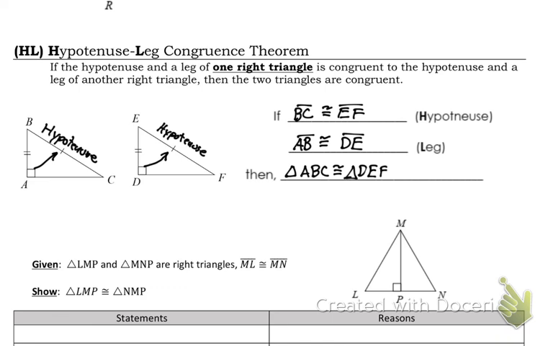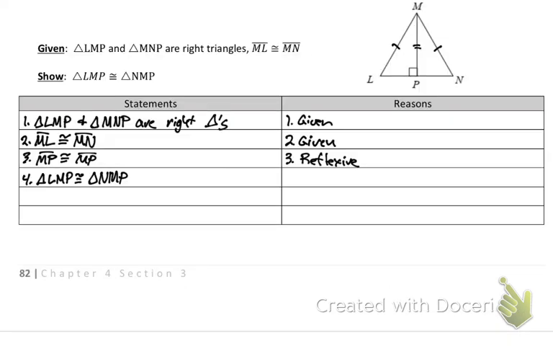Do we know another side? Yeah, I have a hypotenuse and another side. That's basically what the leg is. So this would be our hypotenuse leg theorem. Or you could just put HL, just like you could put side, angle, side, or side, side, side. We could just put HL and I'll know what we're talking about.